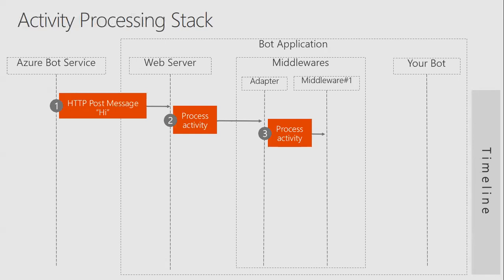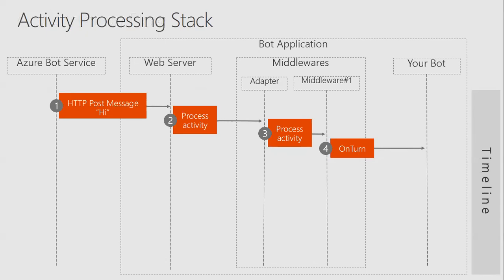All the middlewares are executed in a sequential manner, and at the end of the middleware pipeline, it will call the turn handler function from your bot code. Your bot code contains the controller method, and inside that controller class, you have the on turn method.